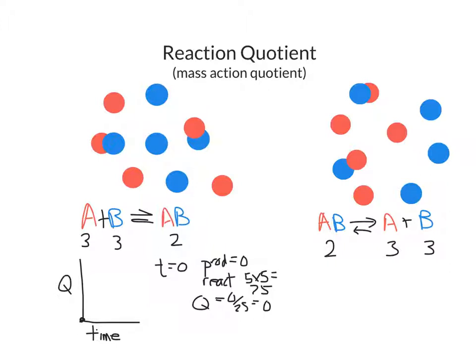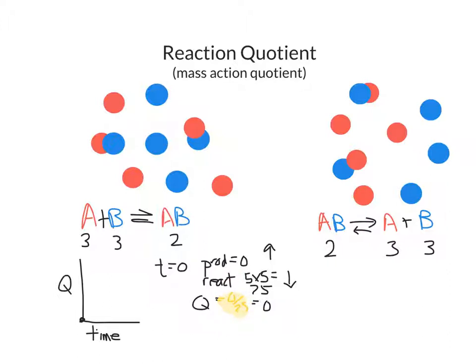As we began to approach equilibrium, we made more products, so the product concentration increased and the reactant concentration decreased. And so this ratio between products and reactants is going to increase because the numerator will increase and the denominator will decrease.